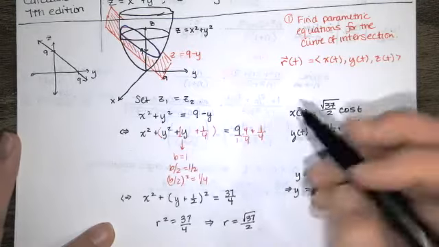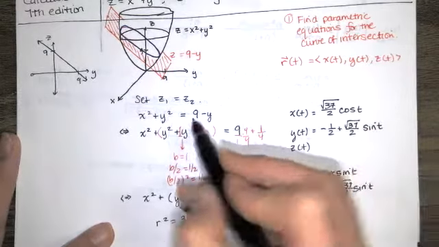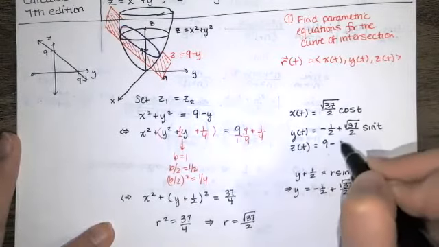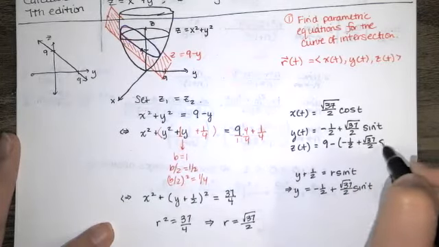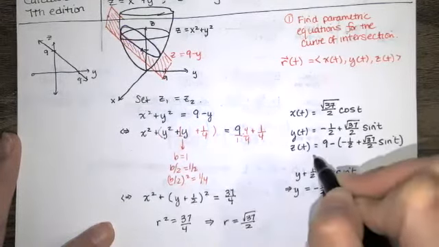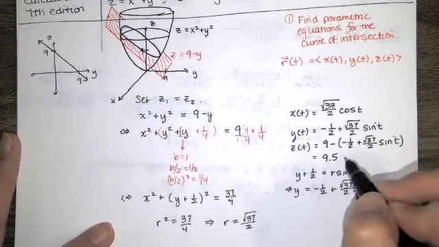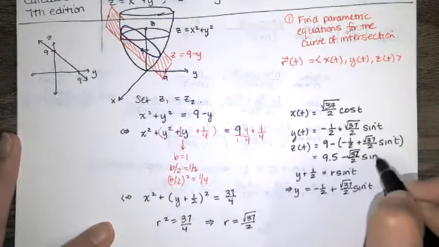So I would use this as my y here. So I'm doing 9 minus this. 9 minus a negative 1/2 plus square root of 37 over 2 times sine of t gives me 9 plus 1/2. I'll just write it as 9.5 minus square root of 37 over 2 times sine of t.